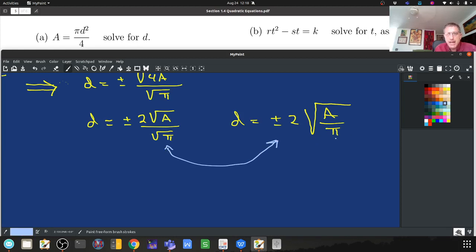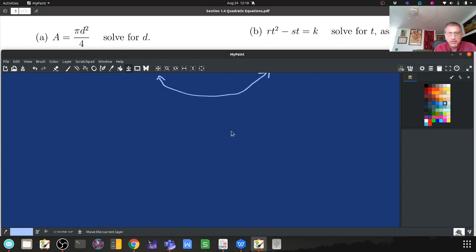It depends on the application. If you're a computer programmer, it could be easier to deal with a divided by pi, but probably not. This one's probably going to be easier. It just depends on the application, and that's all I'm going to say. They're both equivalent. I don't care. My math lab might. I don't.